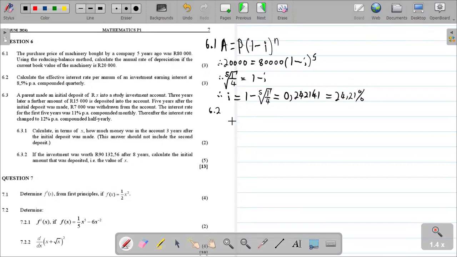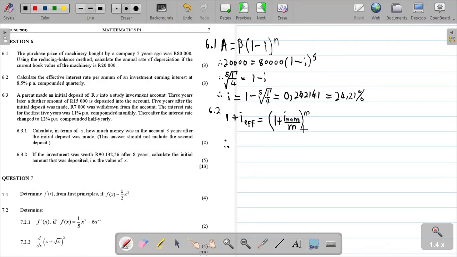Okay, so we use the formula 1 plus i effective will be equal to 1 plus i nominal divided by m, to the exponent of m. So it's going to be, therefore.